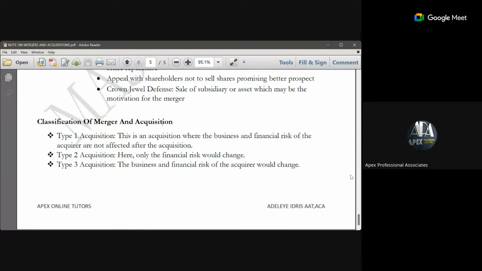What are the steps to take to solve mergers and acquisition questions? Then we begin to solve questions. Just like I promised in the last class, I intend that we solve nothing less than 5 questions on mergers and acquisition, looking at different perspectives, looking at different areas by which I can test questions on mergers and acquisition.